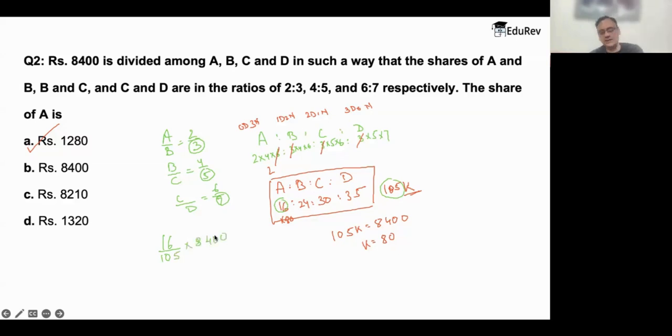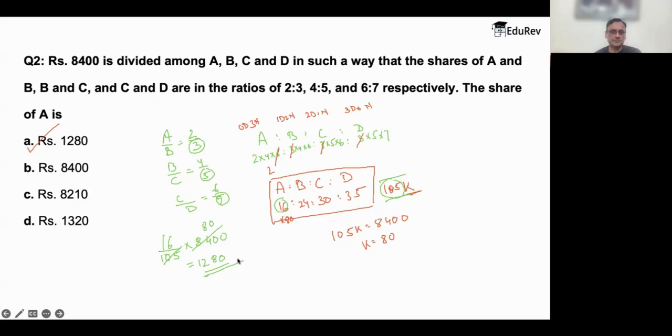See here again, invariably, you're finding K, because when you cancel, you get 80. That 80 is nothing but K. So somewhere you'll find it, but instead of finding K separately, you just make this fraction, because sometimes this fraction itself may cancel out and you might not have to do that calculation. Okay, so you'll end up with the same answer, 1280.